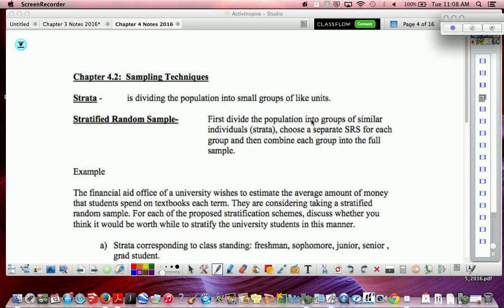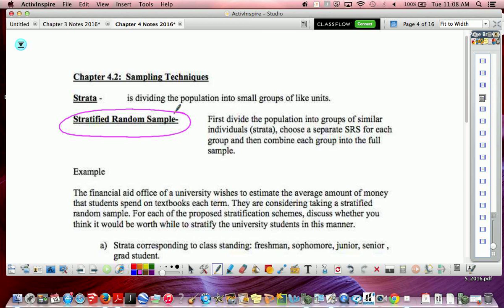What we do is kind of like a hybrid simple random sample, but what's called a stratified random sample. In a stratified random sample we take samples from each of those subgroups of the population to become our entire sample that we're going to use to make judgments about the entire population.